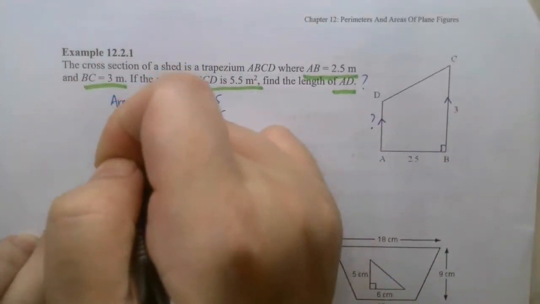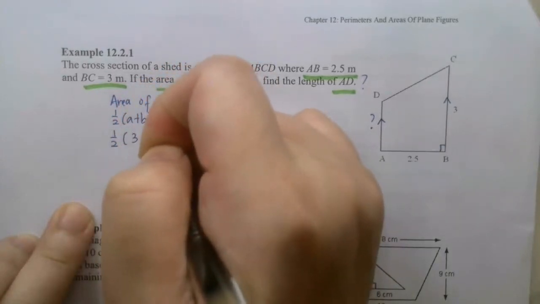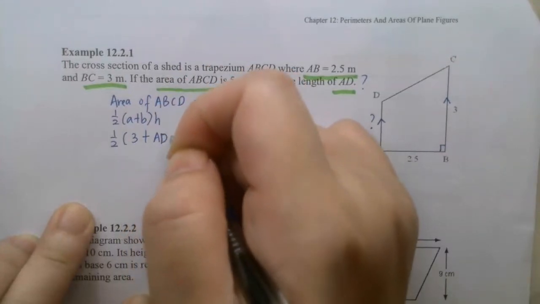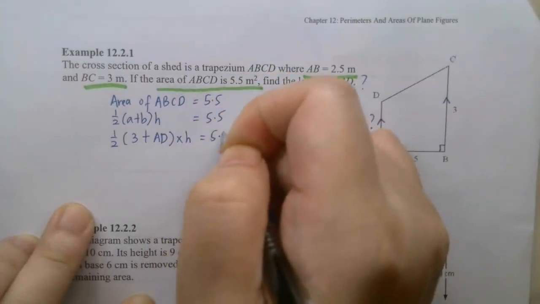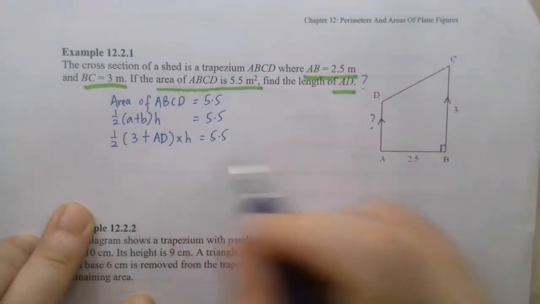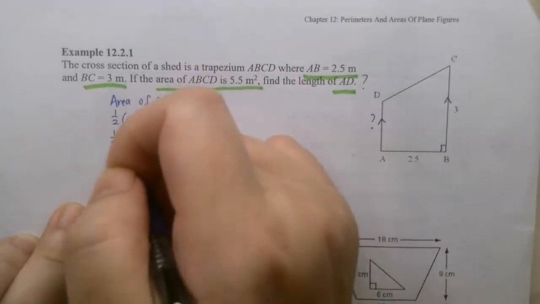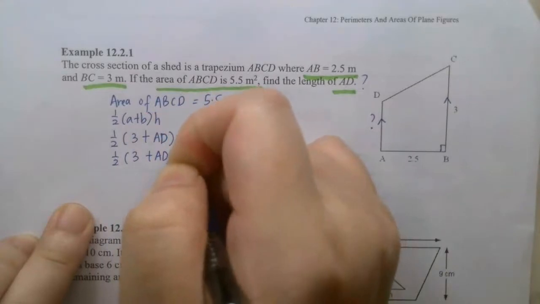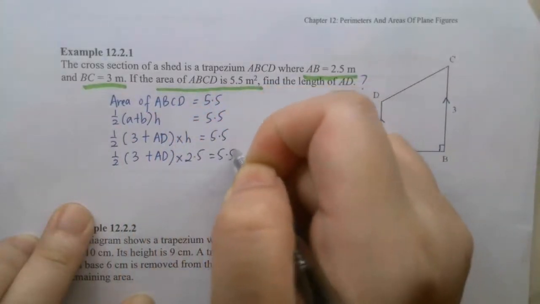We should get half times (3 plus AD), where AD is the other side that we are supposed to find, times the height, which we also know is 2.5, equals 5.5.